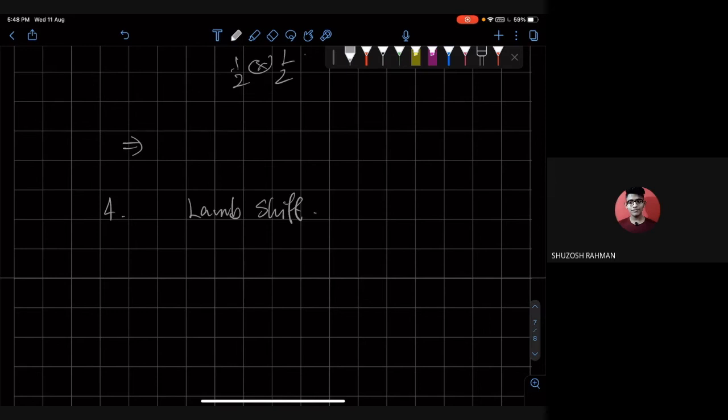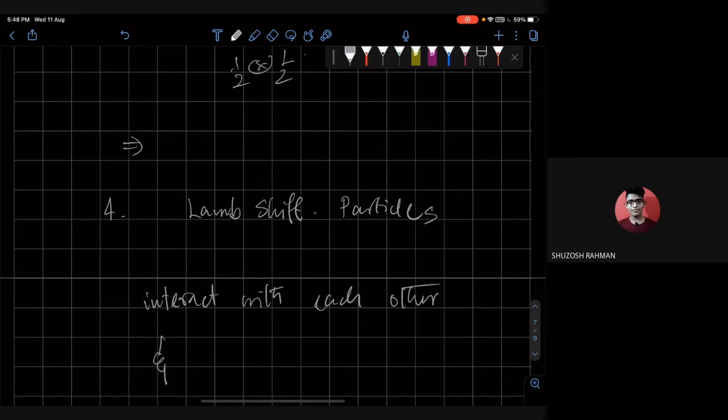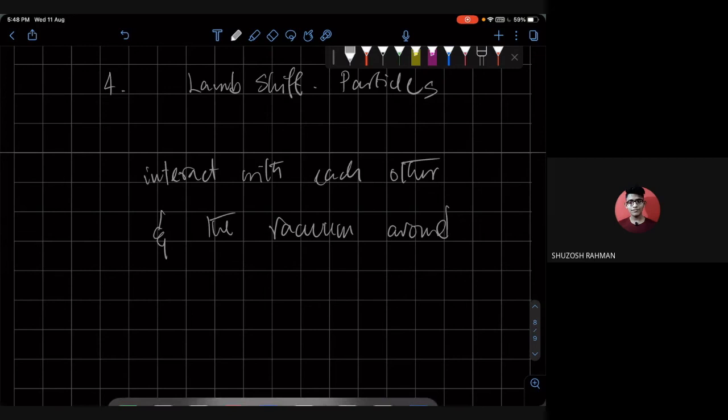You have to take into account that particles interact with each other, and the vacuum around them, through virtual particles.